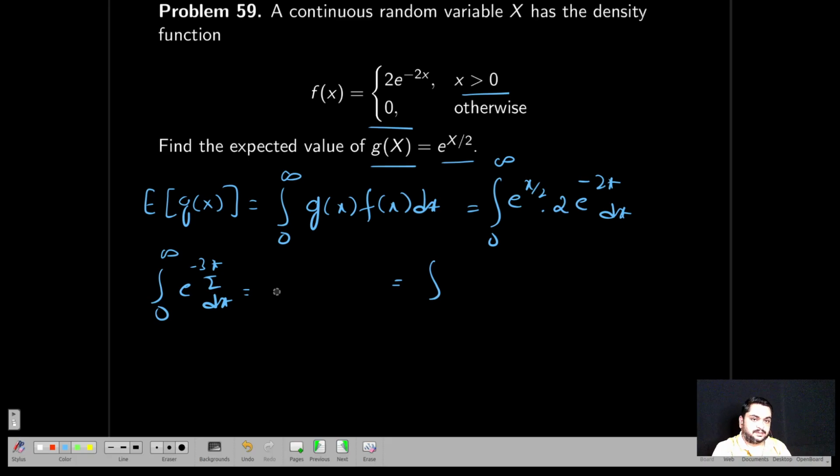You will get 2, minus 2 by 3 e power minus 3x by 2 in the interval 0 to infinity. If you substitute it, you will get 4 by 3. If you substitute e power minus infinity, it becomes 0.